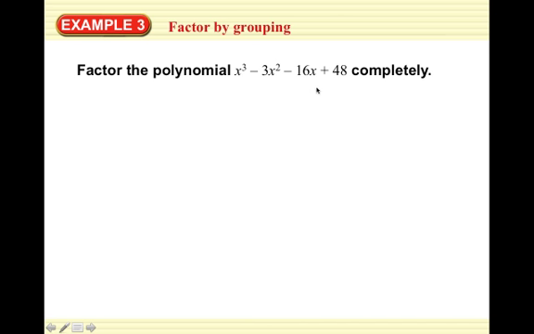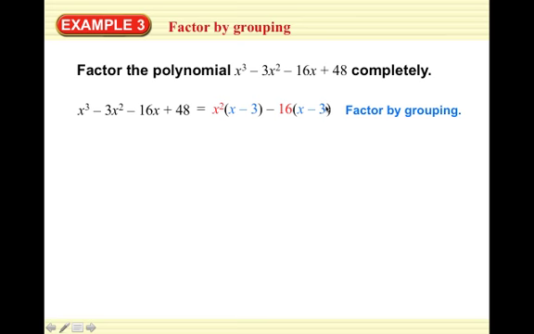Because there's a minus in front of this term right here, we're going to have to factor out minus something. So we're going to have to be real careful with our signs. Well, 48 is actually 16 times 3, so we can factor out a minus 16. So here's our minus 16. So let's see, negative 16x divided by negative 16 is x. 48 divided by negative 16 is negative 3.